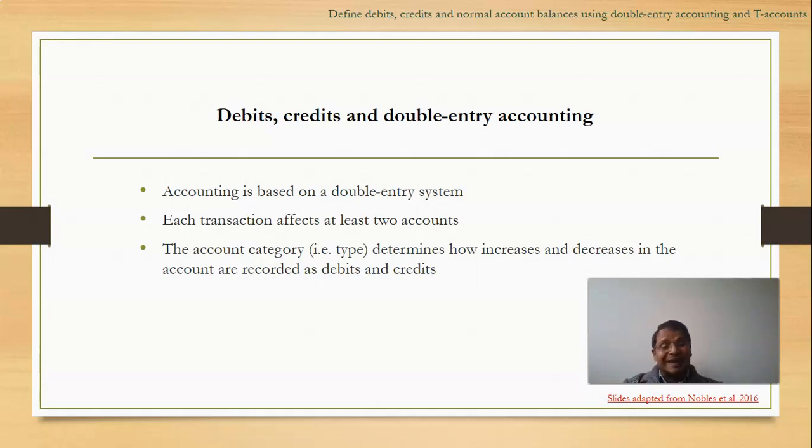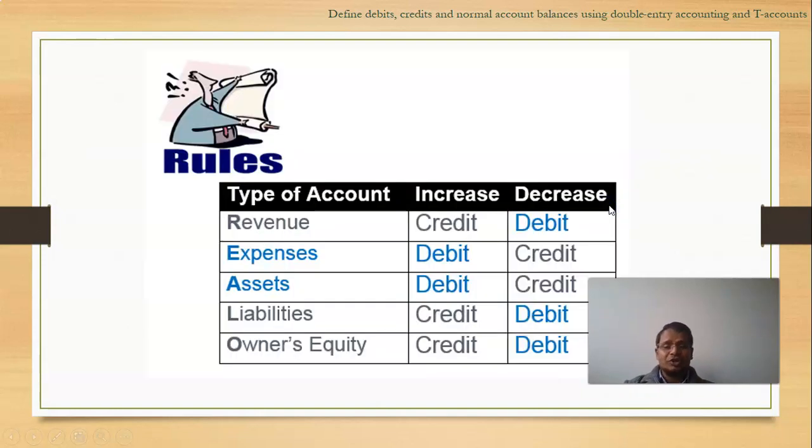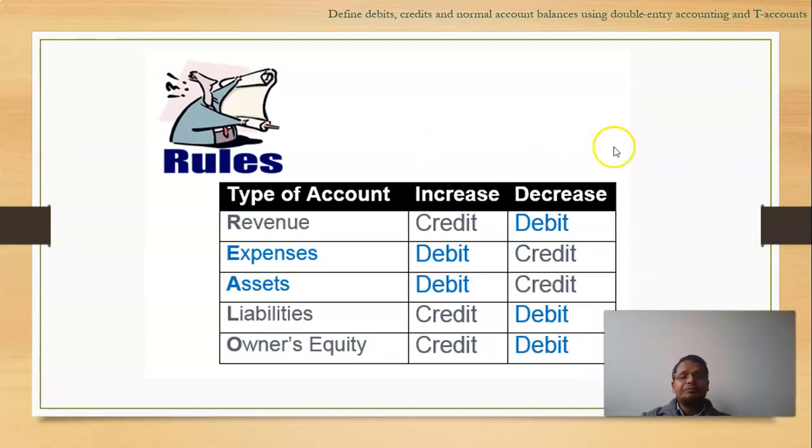Obviously it depends on the nature of the accounts. So let's see which account should be debited and which should be credited because of an increase or decrease. There are different kinds of accounts: revenue accounts, expense accounts, asset accounts, liabilities accounts, owner's equity accounts. Whatever element is related to a particular transaction should be in one of these classes.